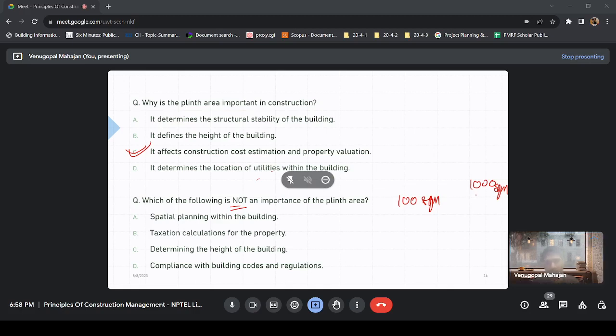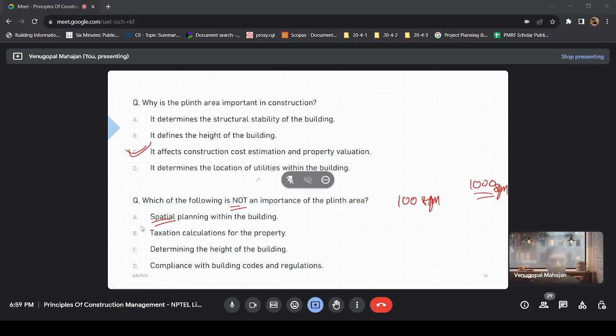So from that itself, you get an idea of what could be the planning. So it gives you an idea about the spatial planning. Not exactly, but it gives you an idea. It is the starting point.